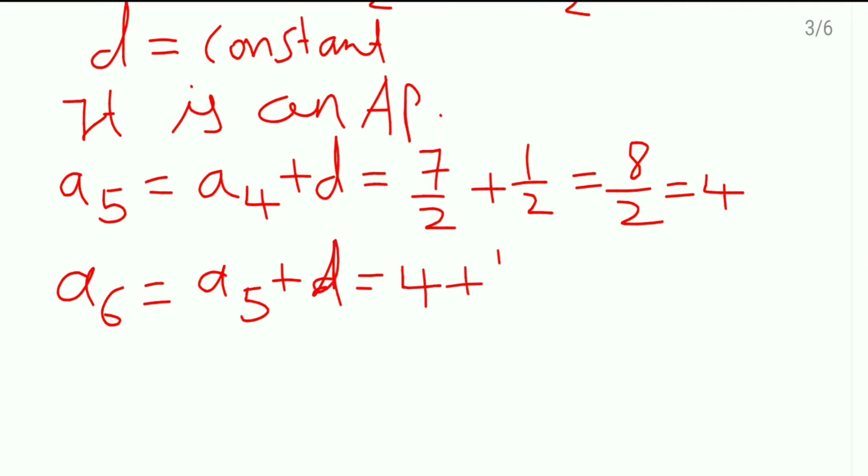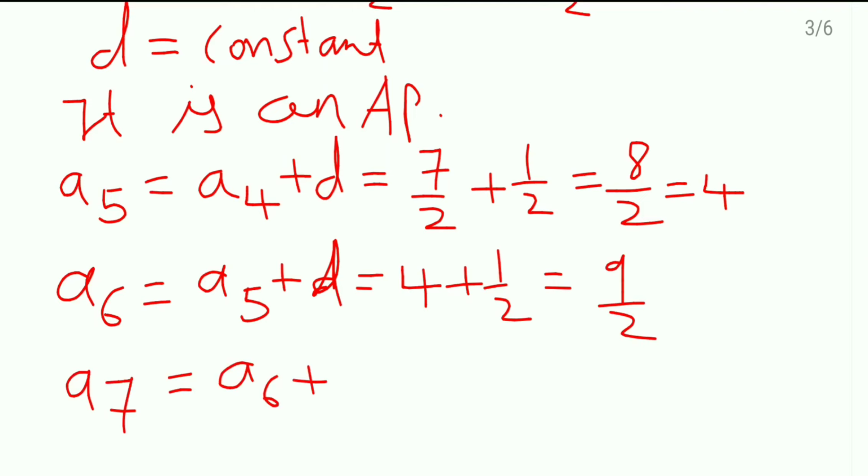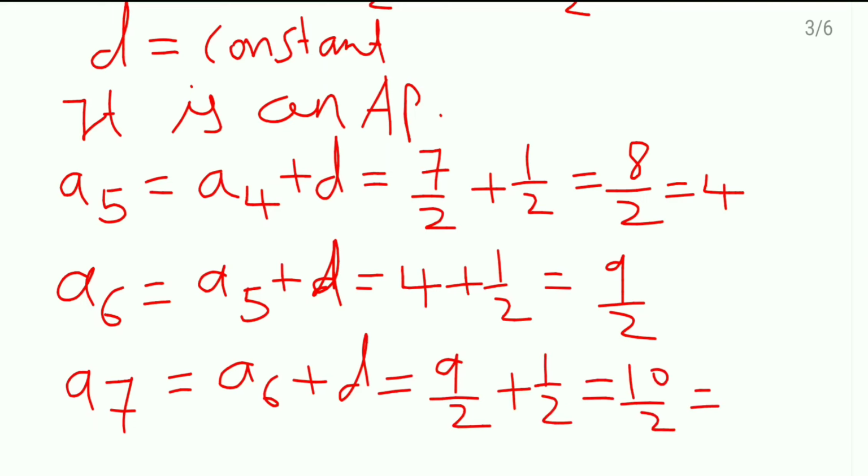So 4 plus 1 by 2, which comes as 9 by 2. And the last term is A7, A6 plus D, which is equal to 9 by 2 plus 1 by 2, nothing but 10 by 2, which is equal to 5. In this way, we will find out the next 3 terms.